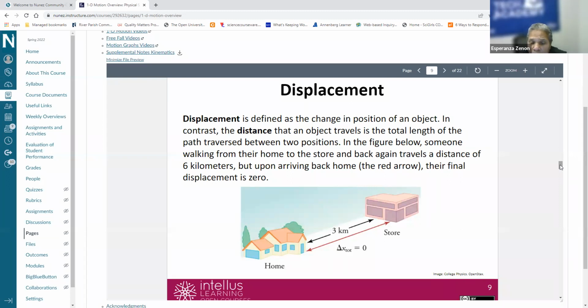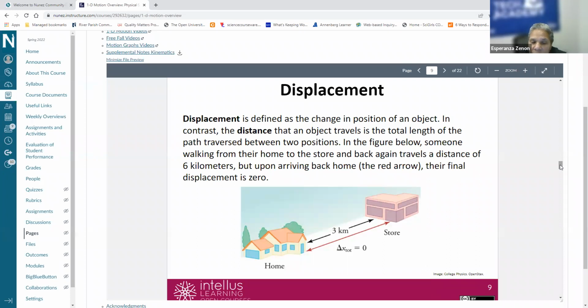If that same person turns around and comes back home, their displacement, the change in their position, is 0 because they're back where they started. So displacement looks at the difference between where an object starts and where it stops.